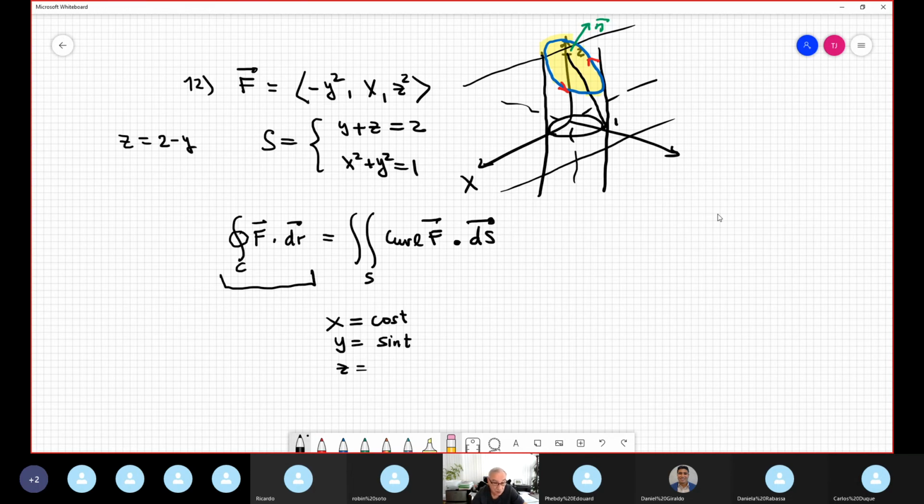So it's 2 minus something, and y is sine. This is my parameterization of the curve, the vector valued function cosine t, comma sine t, comma 2 minus sine t. Wow, easy. I suppose that t varies from 0 to 2 pi. It's obvious because it's a closed curve.